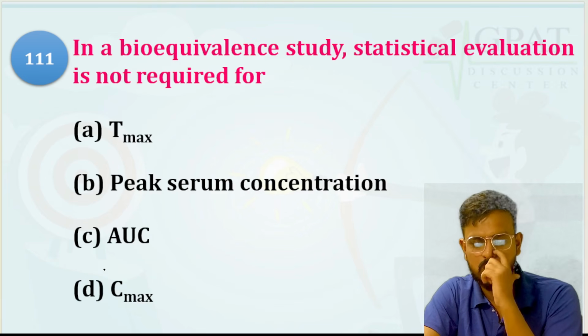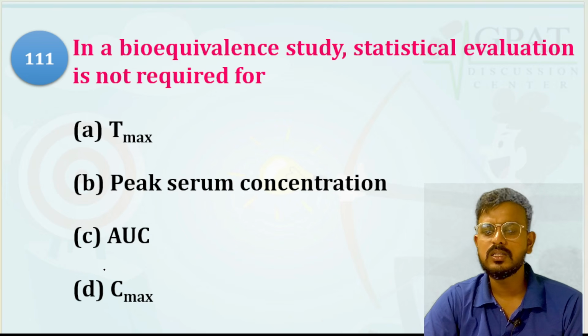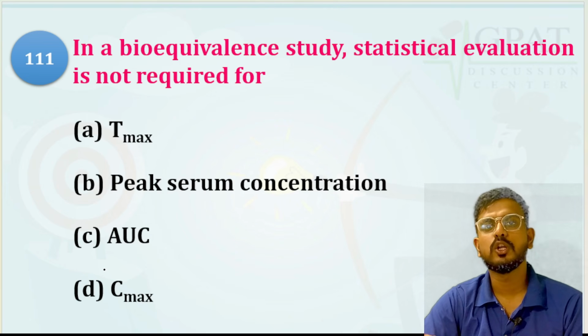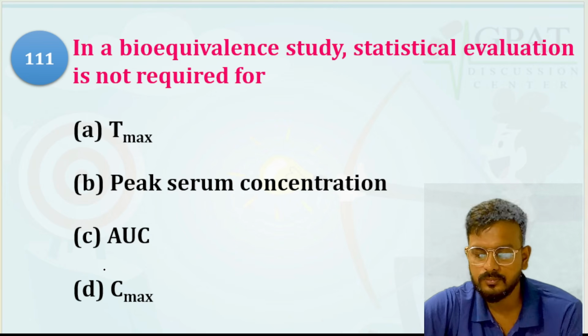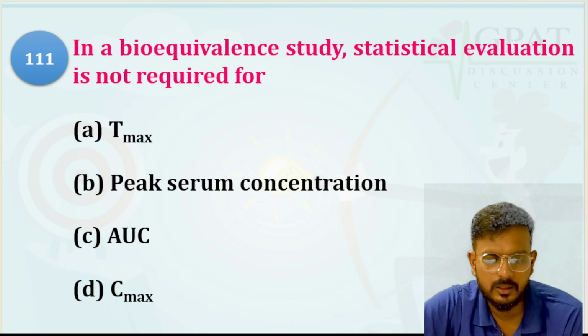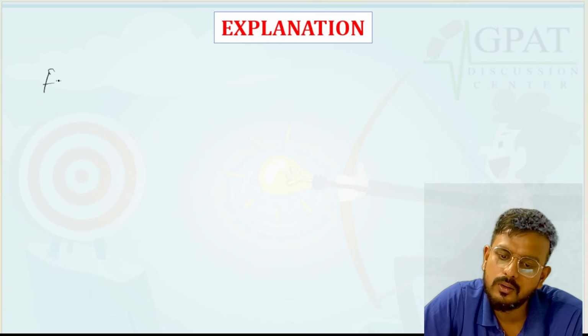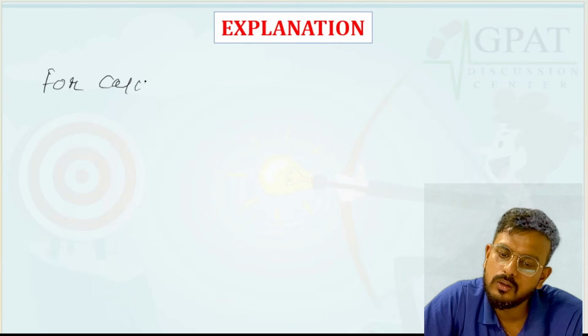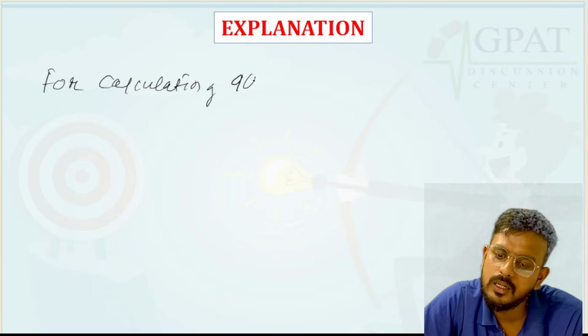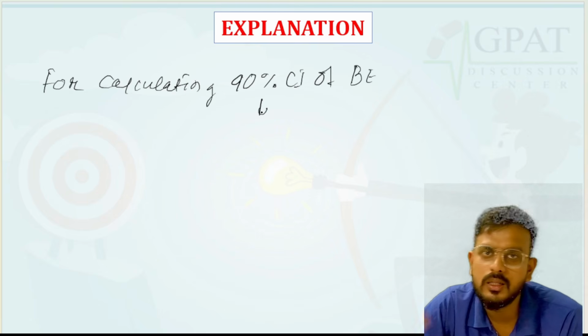Okay, chalo, next question. In a bioequivalence study, statistical evaluation is not required for which parameter? Let's talk about this in detail. For calculating the 90% confidence interval of a bioequivalence study, you need three things.